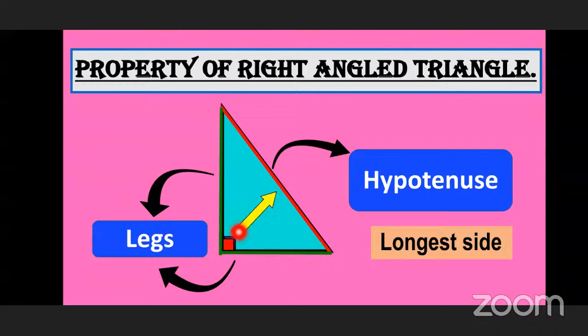The side opposite to 90 degree is known as hypotenuse and the two adjacent sides of 90 degree are known as the legs of right angled triangle. And don't forget that hypotenuse is the longest side of the right angled triangle.